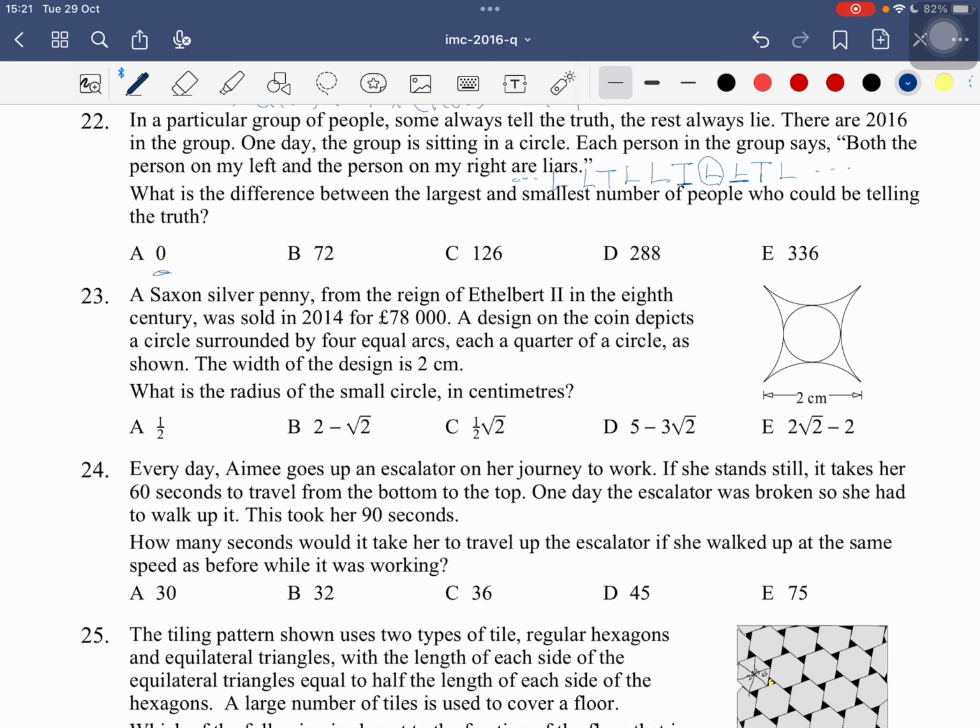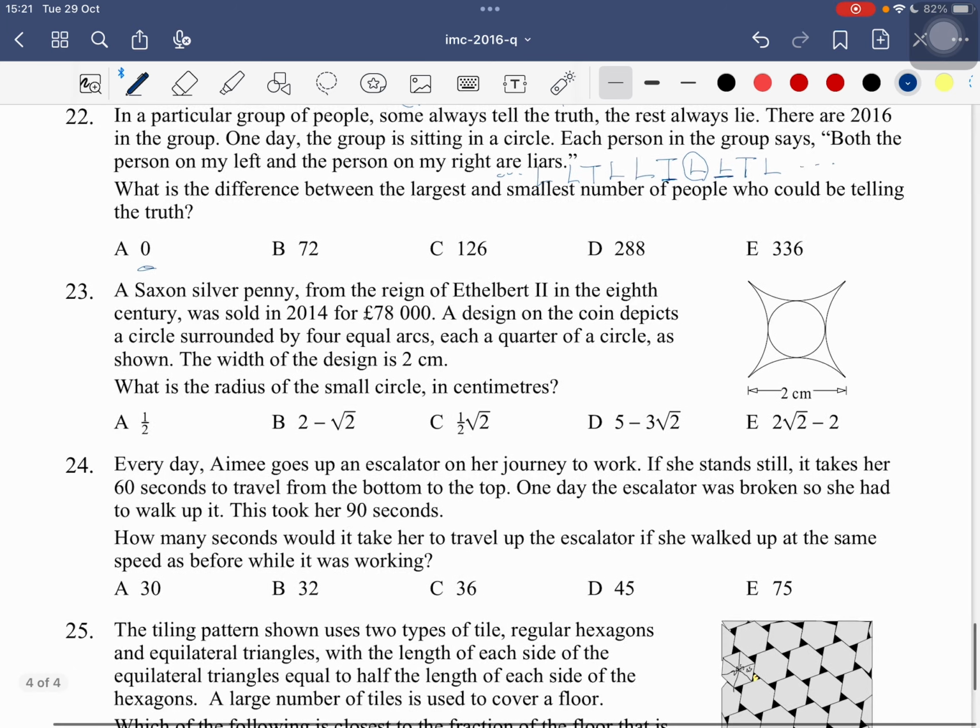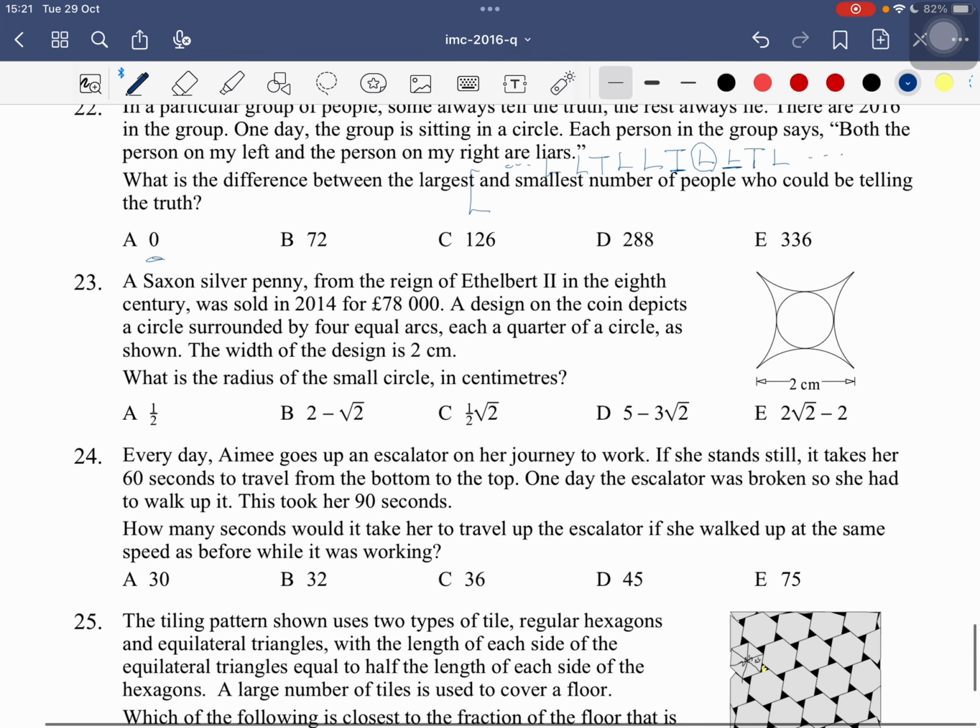But here, okay, so we have two cases telling the truth, truth, lie, lie, truth, lie, truth. This was the first case and the second case was there. So in this case, telling the truth is 1/3 of total people. So 672.